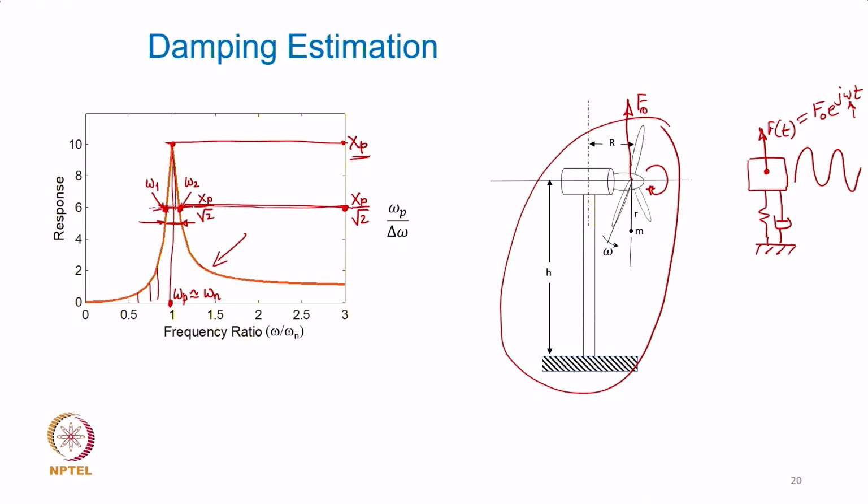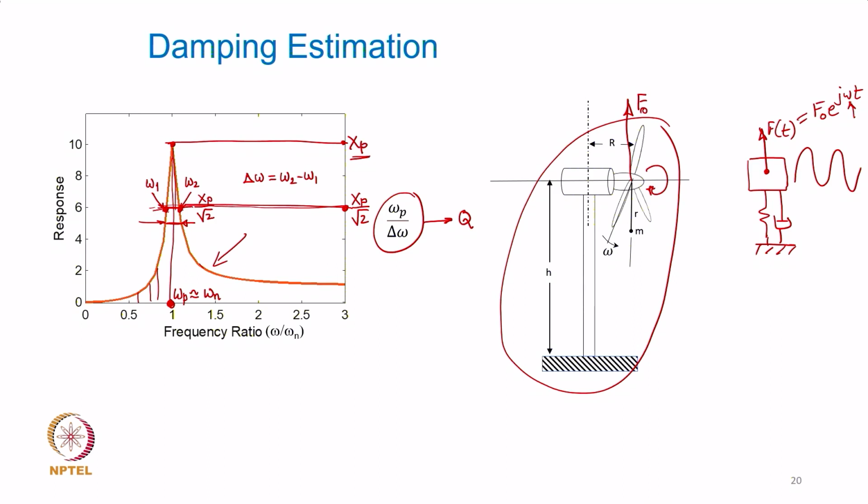Once I get these two omega 1 and omega 2 values, I will define frequency bandwidth here as omega 2 minus omega 1. If I do that and get this ratio, what is this ratio? The frequency at which peak response is observed and this frequency bandwidth, which is omega 2 minus omega 1, then it can be shown that this ratio is the same as quality factor.